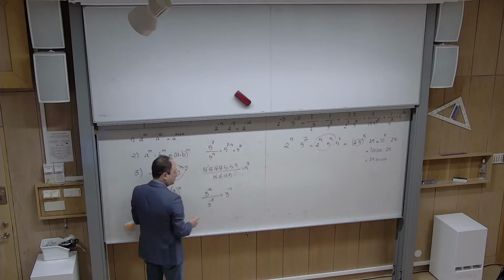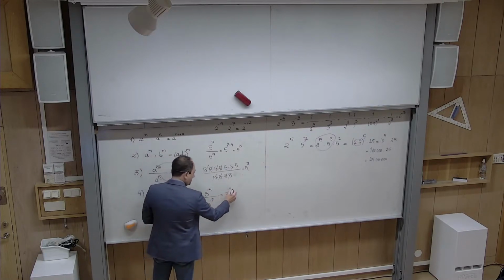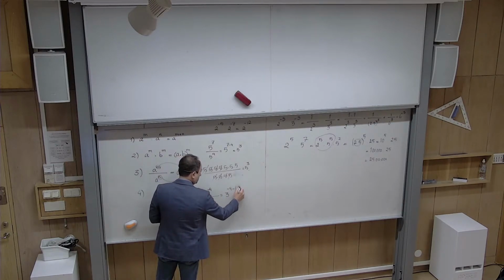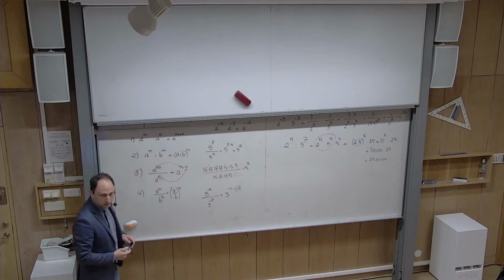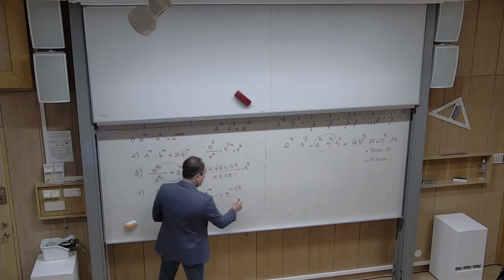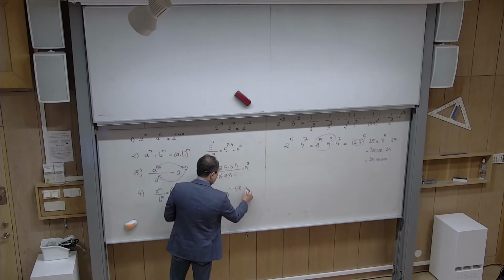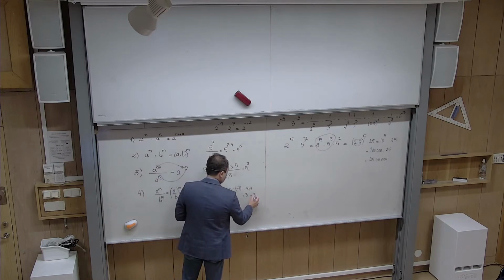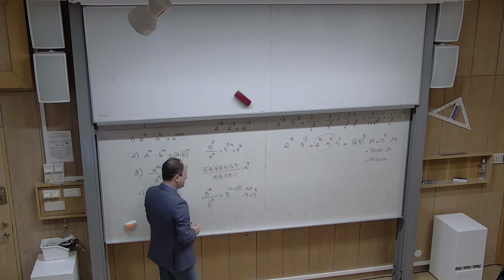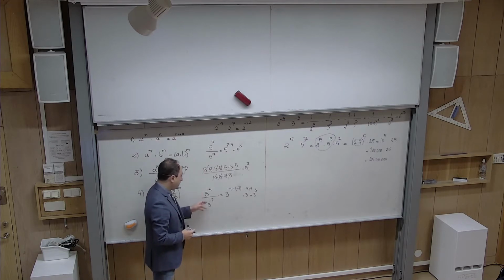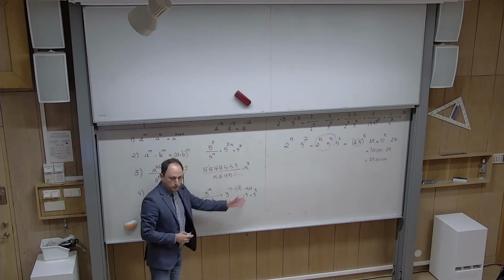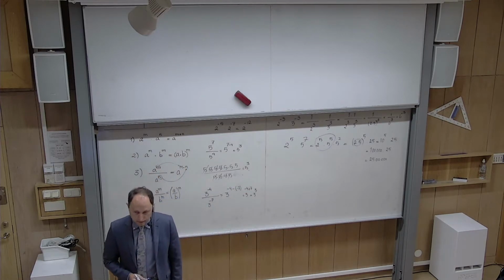Be careful not to mess up the minus sign. Yes? So then what happens? It becomes 3 to the power of minus 4 minus minus 7, which is minus 4 plus 7, which is 3. So that is the correct answer. If I ask you to write it as a power, this is the answer. If I ask you to evaluate this, you can continue and write 27. Yes?